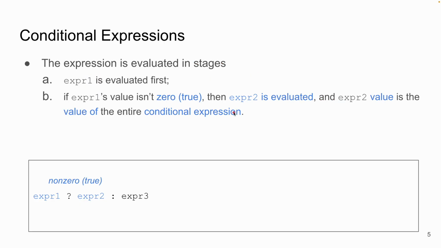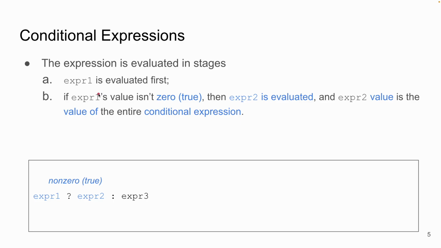So let's check out the steps more carefully. This conditional expression will be evaluated in the following steps. In the first step, expression 1, expr1, will be evaluated first. So we will run expression 1 first.